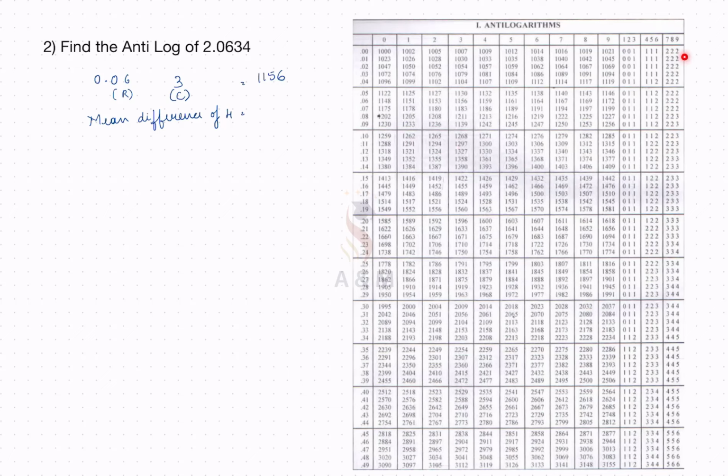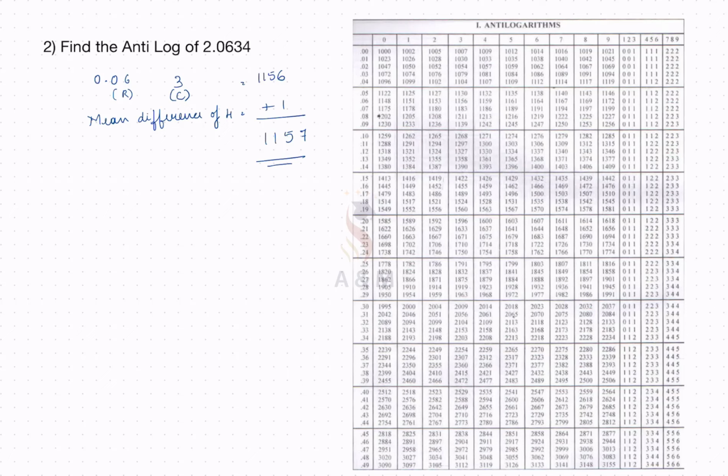So mean difference of 4 and the row is 0.06. Row 0.06 and mean difference is 4. It is plus 1. 1157. Now you have to put the point, correct?